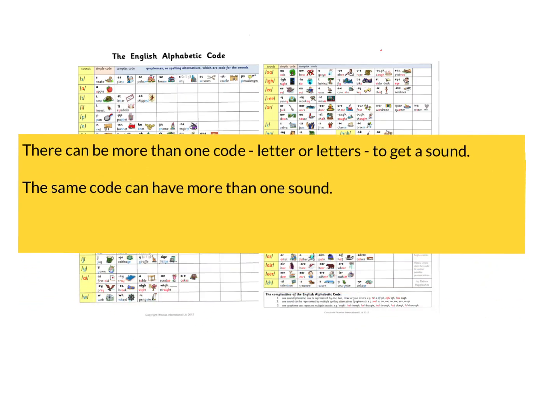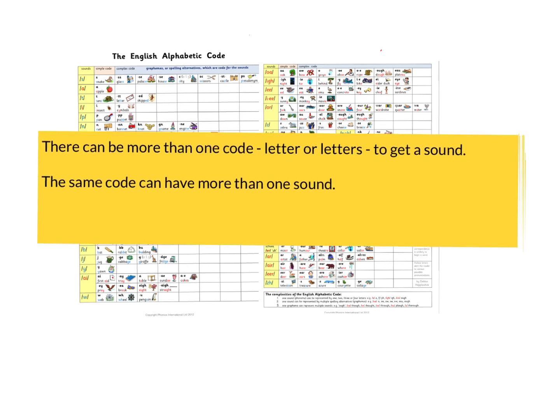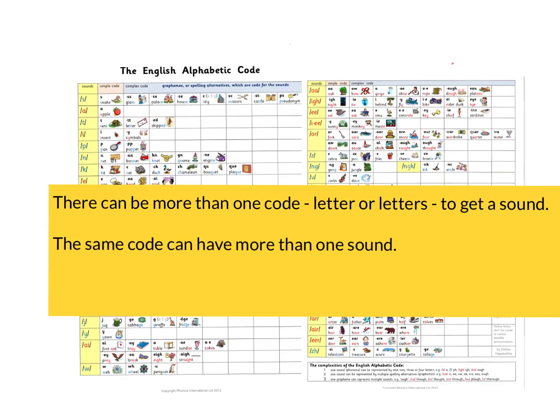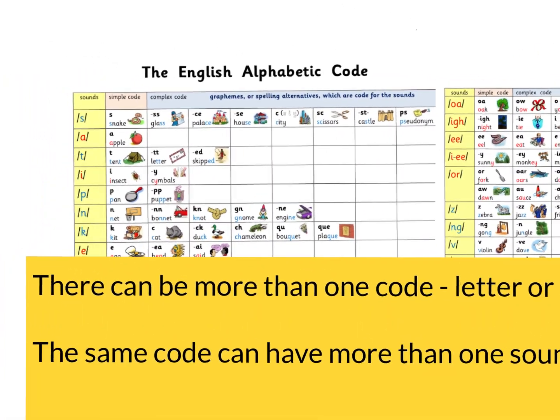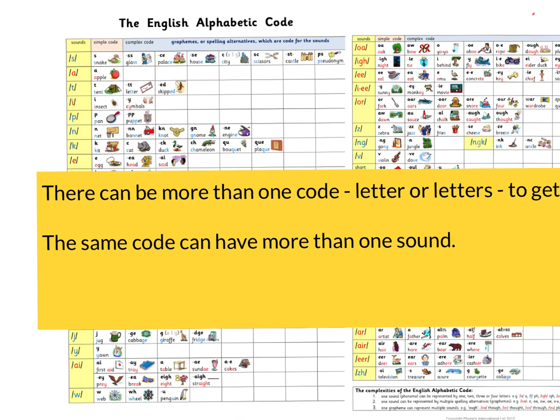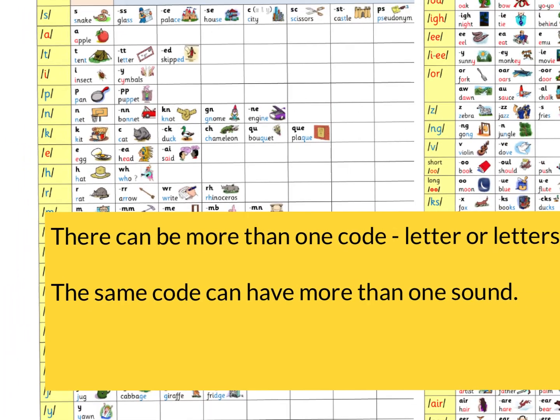So there can be more than one code, letters, to get a sound, and the same code can have more than one sound. Think of the letters EA, which make the E sound in head, but the E sound in eat.